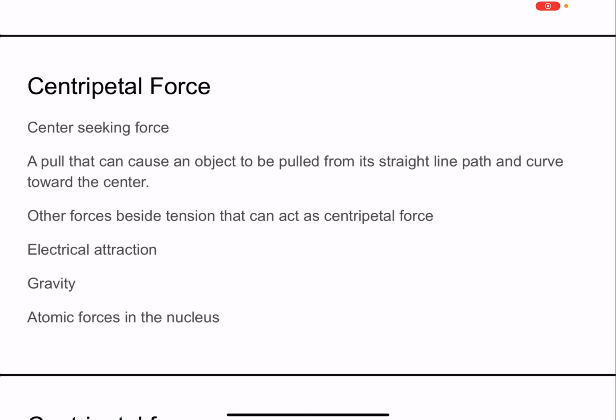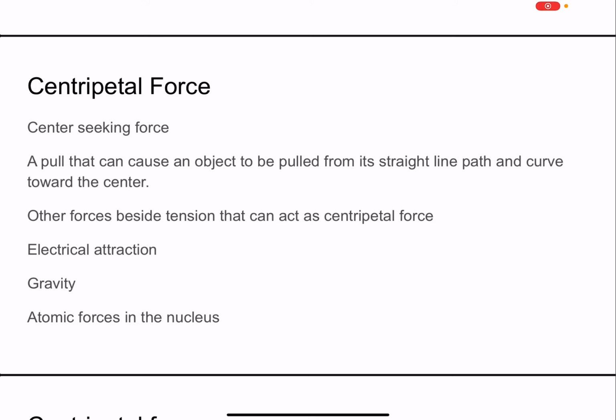Then the centripetal force. This is a center-seeking force. In this case, the tension on a rope being pulled acts as the centripetal force when you're spinning a ball on the end of a string. The tension works as the centripetal force to pull it into the circle. When the moon is orbiting the Earth, that center-seeking force is gravity.